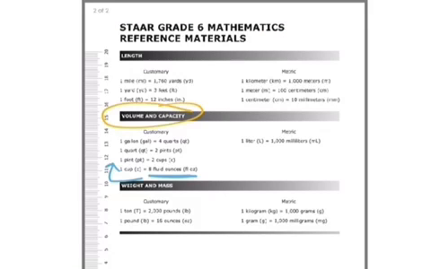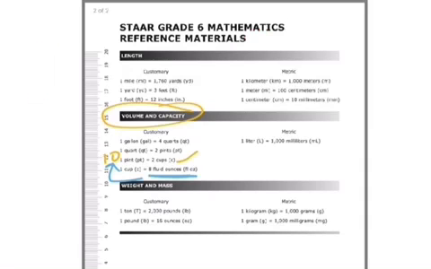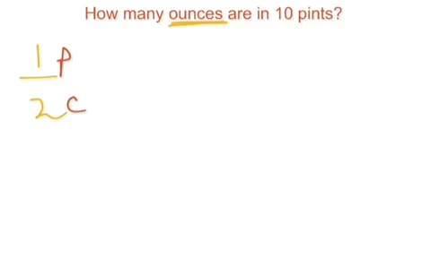What I always start with right here is the first conversion. I know I have 10 pints, so I'm going to start with the top. 1 pint equals 2 cups. That's what it says right there at the top. Okay, well first let's figure out how many cups we have if we have 10 pints.